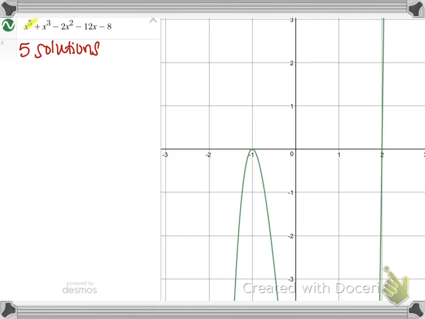So when you do this, if your line crosses a number, then that's going to be an answer. So for example, the green line crosses here at the 2, and so this would be one of our answers. But as we can see over at -1, something a little bit different is happening. It's touching the -1, but it's not actually crossing it.